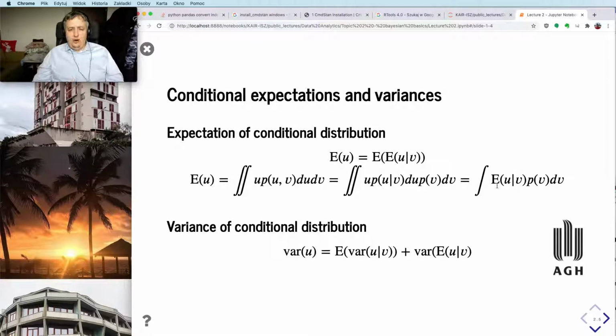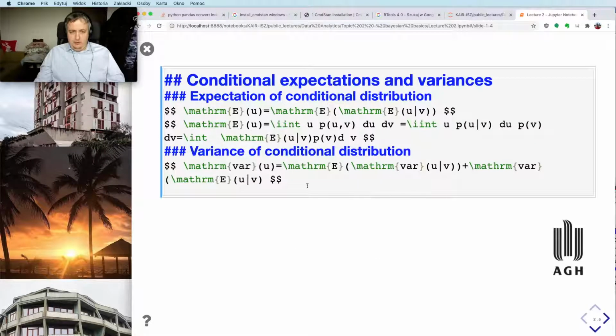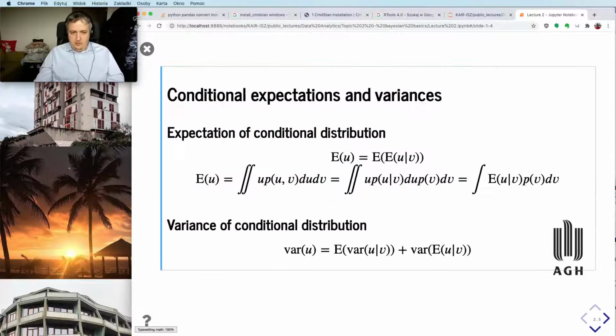And the same rule appears with the variance, which of course I have here with unmatching parentheses, sorry. The variance of u will be a sum of the expectation of a variance and the variance of the expectation.